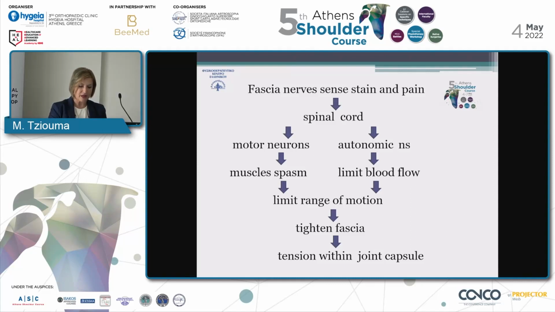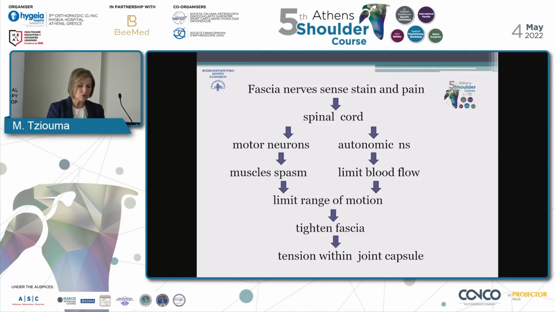These nerves are able to sense both pain and strain and will transmit this information to the spinal cord, where they connect to motor neurons which affect the muscles and to neurons of the autonomic nervous system which affect blood flow.